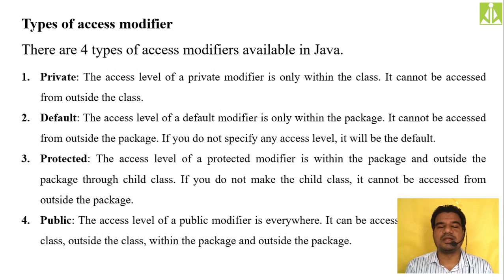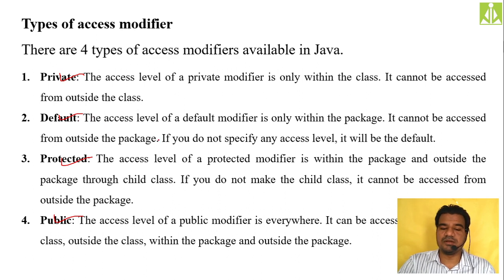Then public, it is open to the world. Anybody, everywhere can access public data members, public methods, public constructors, public classes. These are the four access modifiers which we are going to practice with inheritance in today's session: the private one, the default one, the protected one, and the public one.